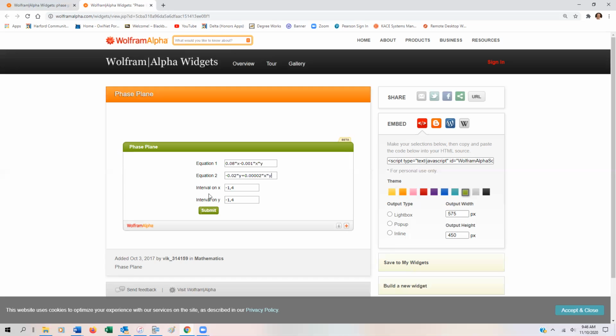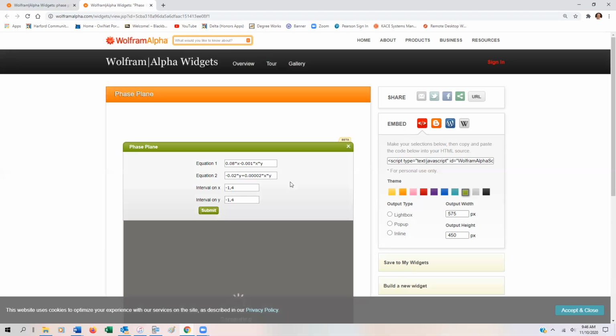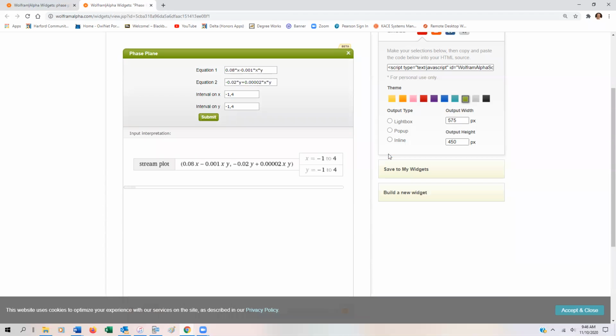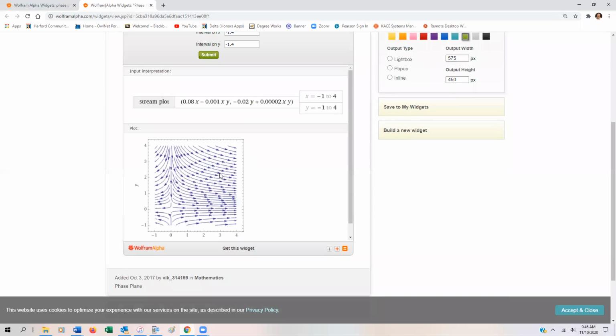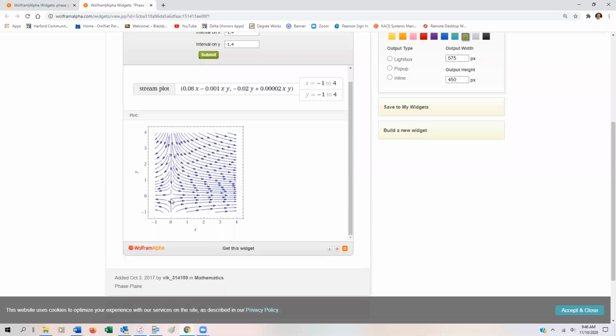Now the interval is important as well. So I'm going to graph this first just to show you what's going on. And this is the phase plane. They call it a stream plot, but it's just called the phase plane. And I want you to notice it's 0, 0. It's kind of like that equilibrium point going on. So it's kind of a special one.